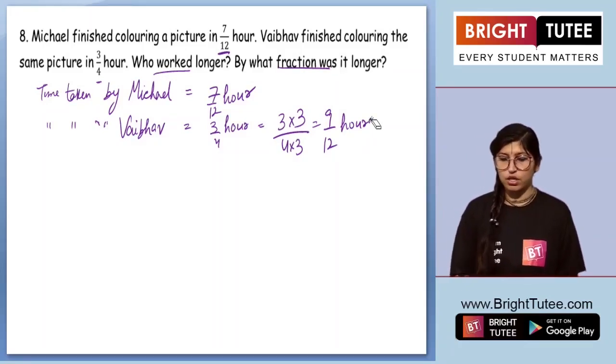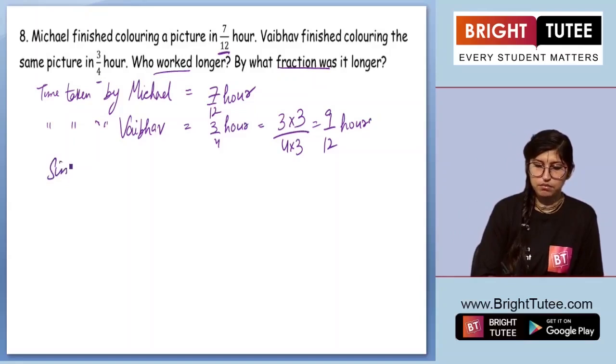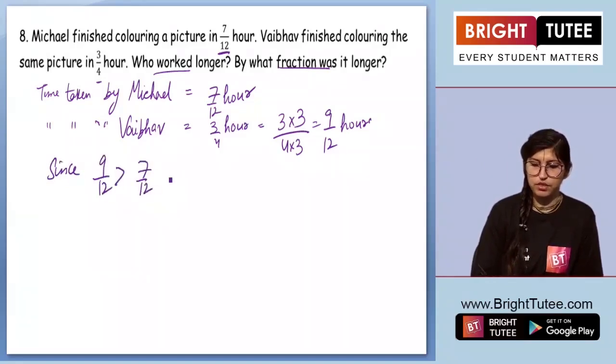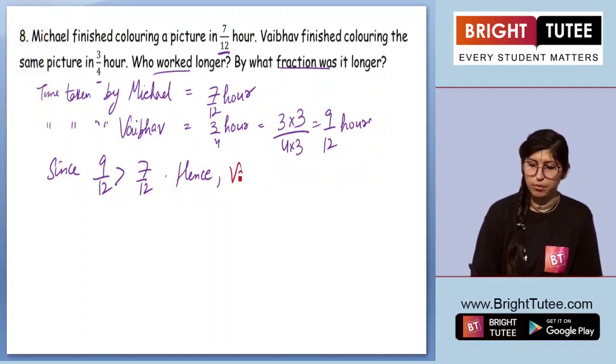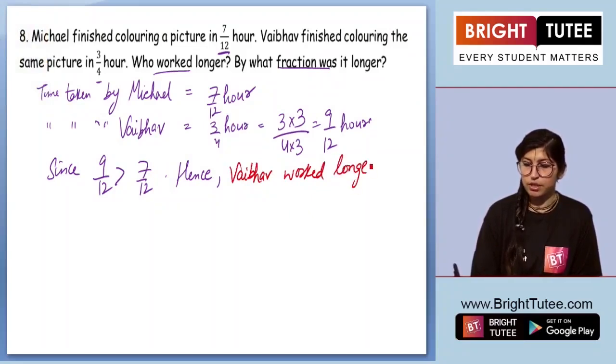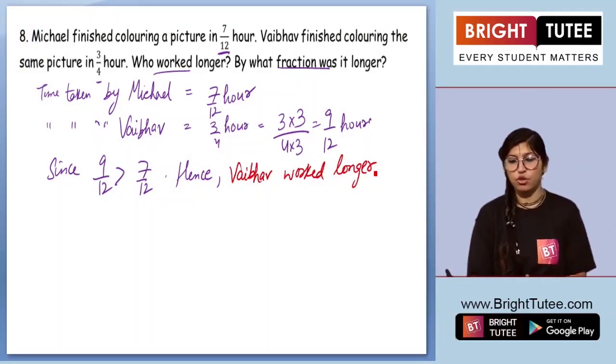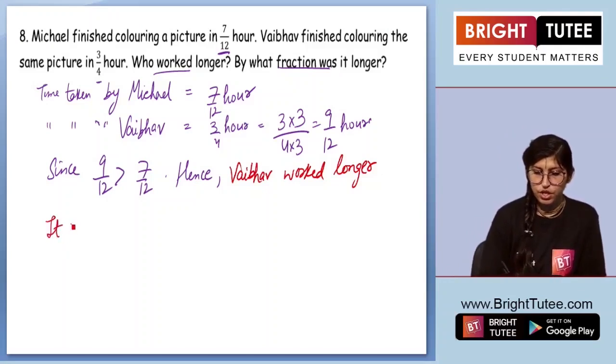So who worked longer? Since 9 by 12 is greater than 7 by 12, hence Weber worked longer. Now they ask by what fraction was it longer? So we will be subtracting 9 by 12 and 7 by 12.